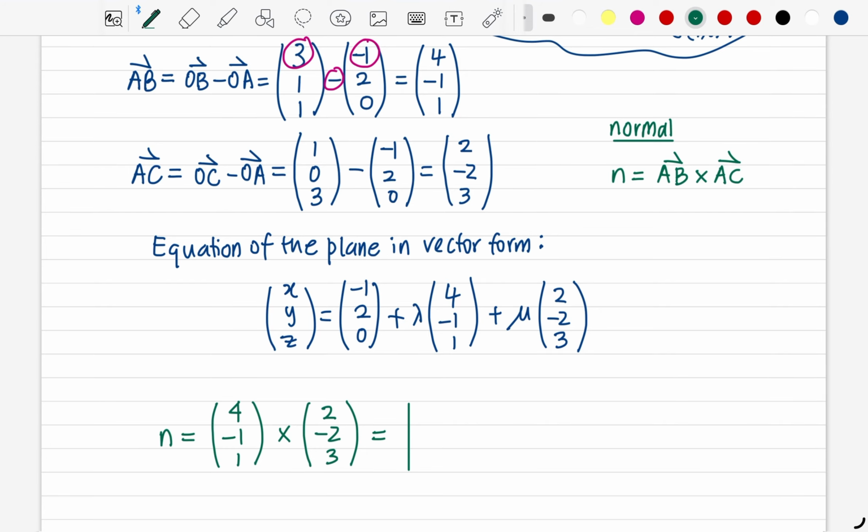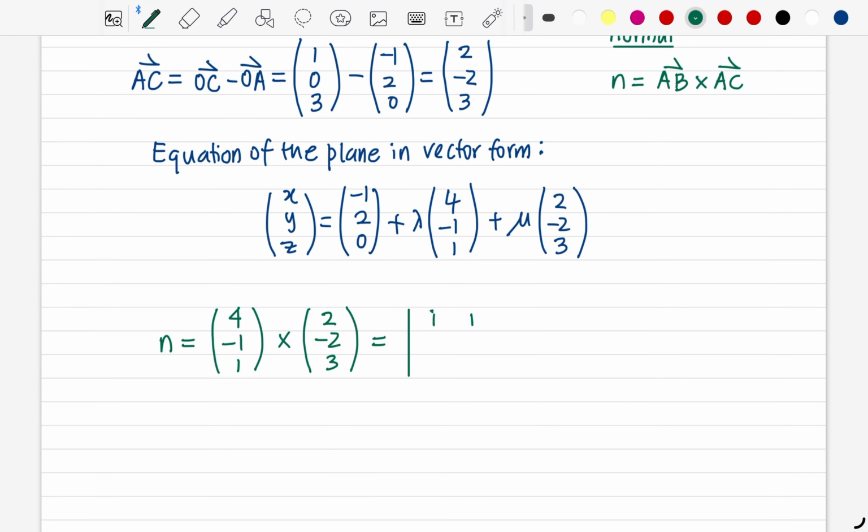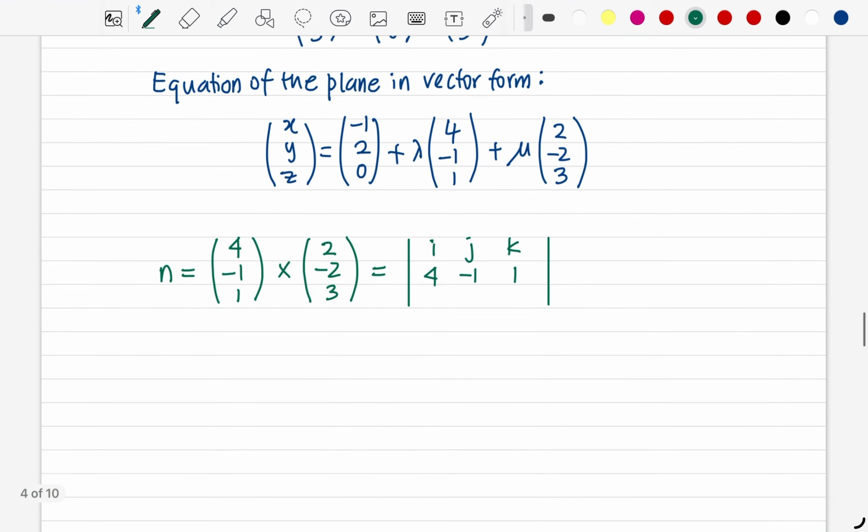So we are going to find the determinant of the matrix here. Row 1 is i, j, k, row 2 is vector AB (4, -1, 1), and row 3 is (2, -2, 3), which is our vector AC.